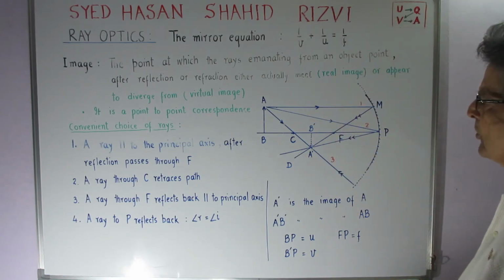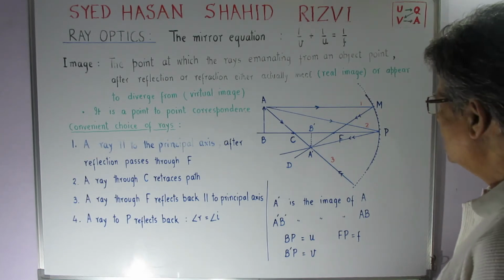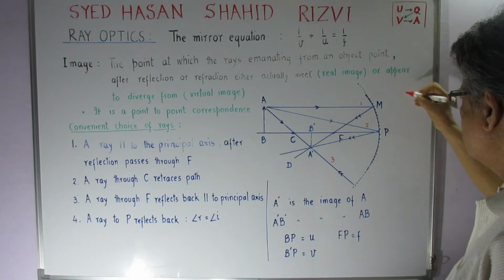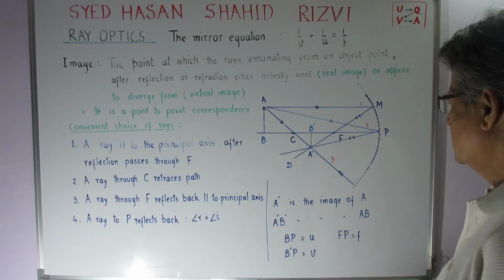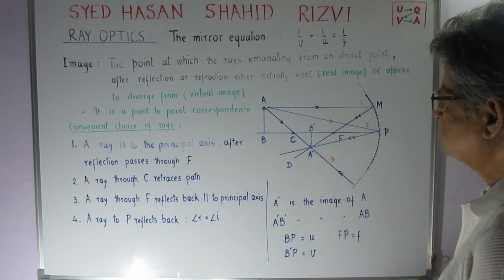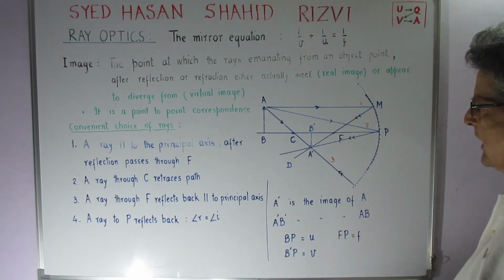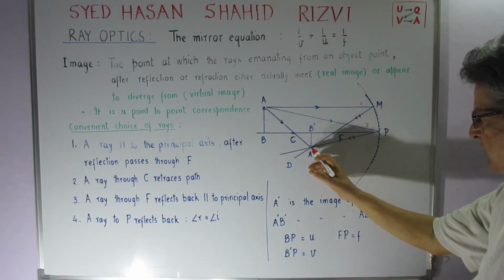And you can see we require only 2 rays for crossing each other, and whatever point they cross, the rays appear to be coming from that point, and that gives the image. So here I have got an image of A at the point A dash.